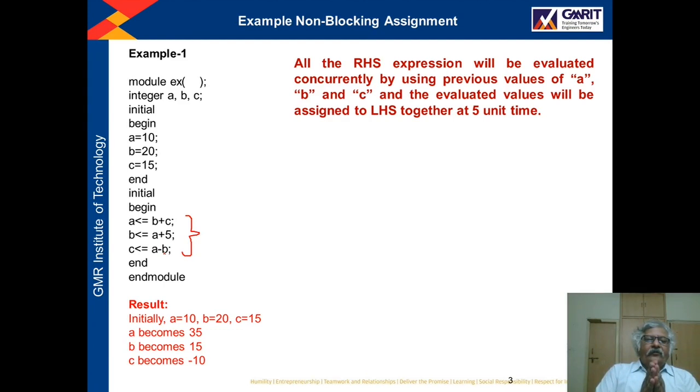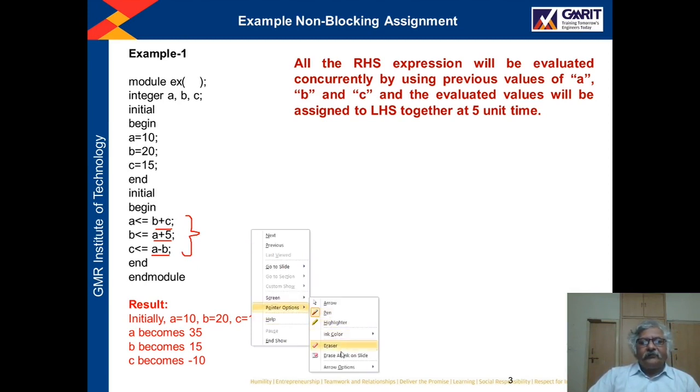After the execution, the values will be updated to A, B, and C at the same time, right? But when the evaluation of B plus C, A plus 5, and A minus B is taking place, at that time the previous values of A, B, and C are used. And the evaluated value will be updated to the left hand side variable after the execution of all three statements, right? So here now we will see the result.